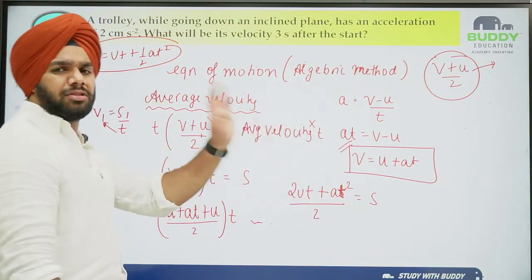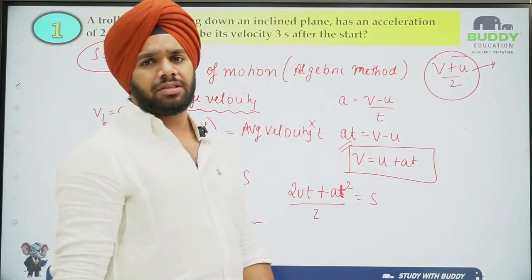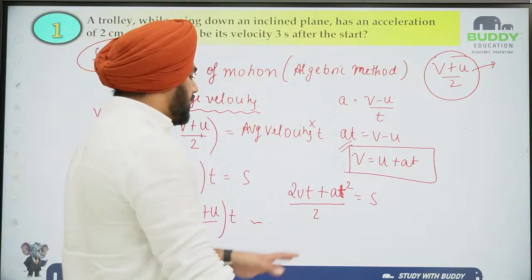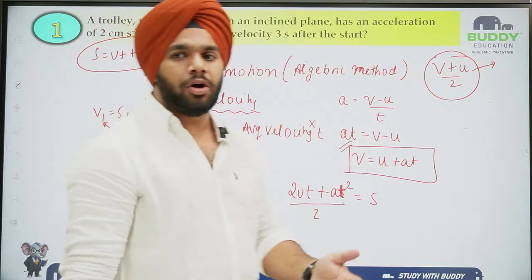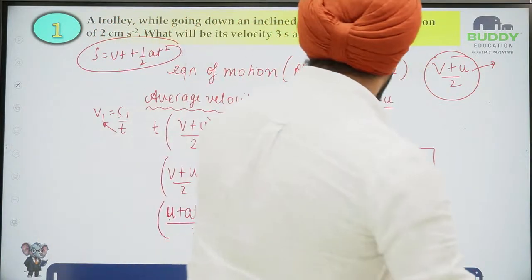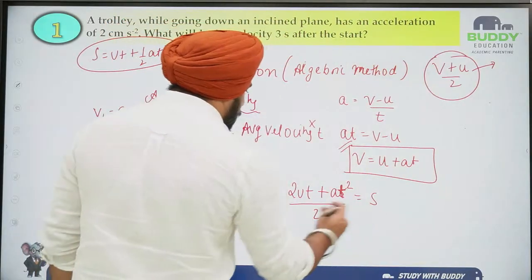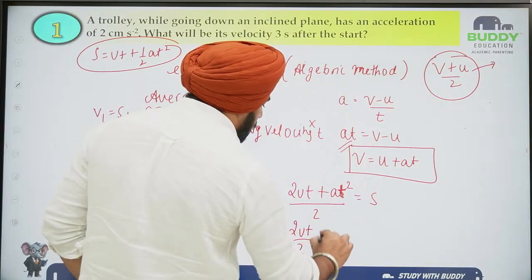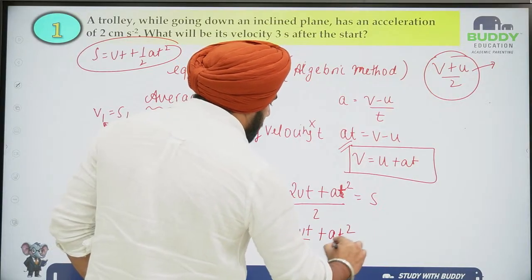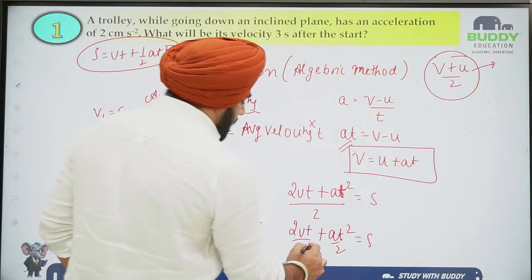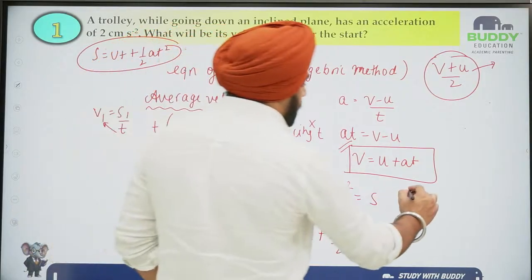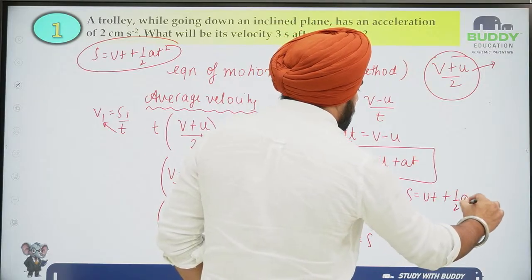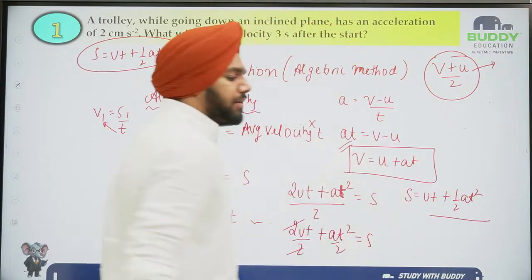They just give you the equations of motion, they give you the derivations from the graphical method, not this method. So I personally like to teach this method just because it is not very common and you should know it. So 2ut, just separate the 2, so this becomes 2ut by 2 plus at square by 2 is equal to s. Cancel this 2 and then you will get the formula s is equal to ut plus half at square.